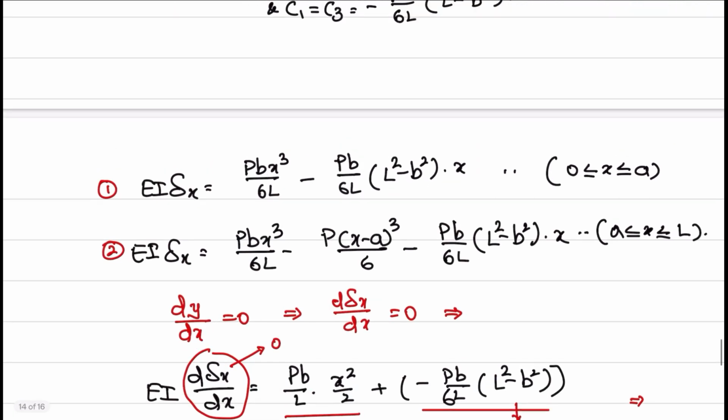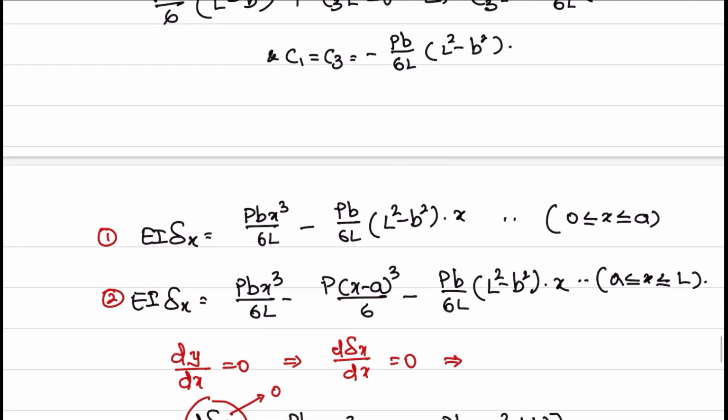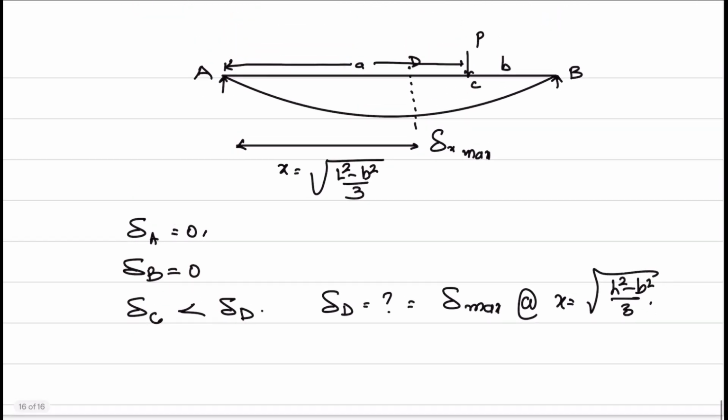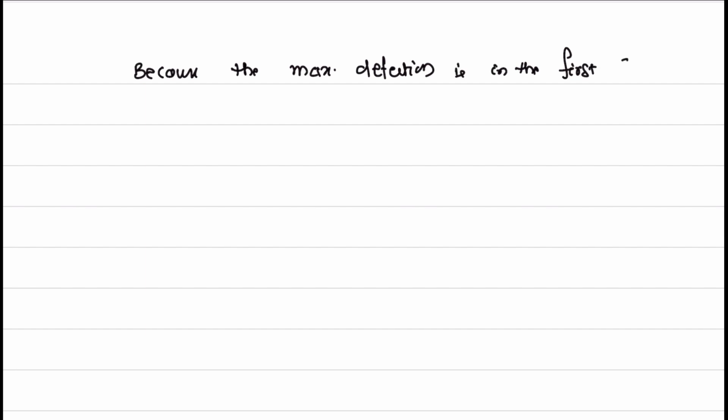First equation is EI delta x is equal to, because the maximum deflection is in the first segment, that is 0 less than or equal to x less than or equal to A.